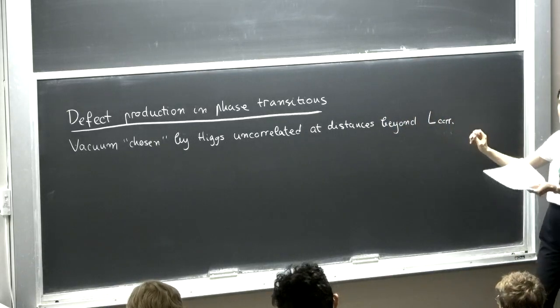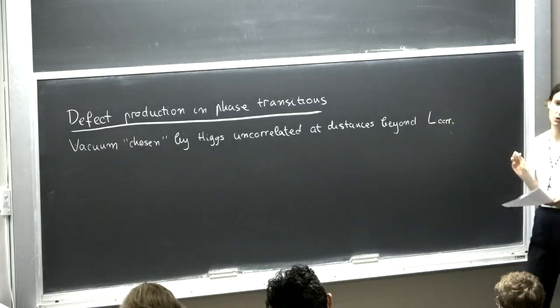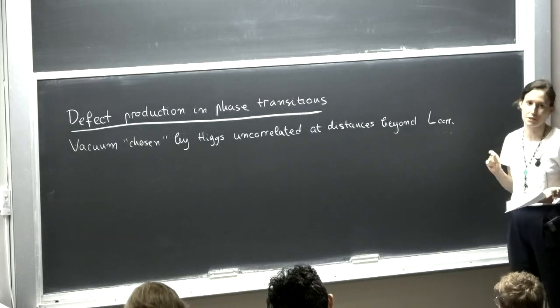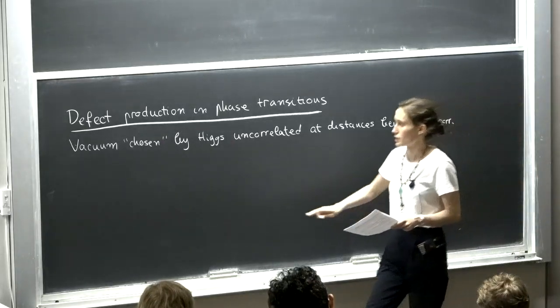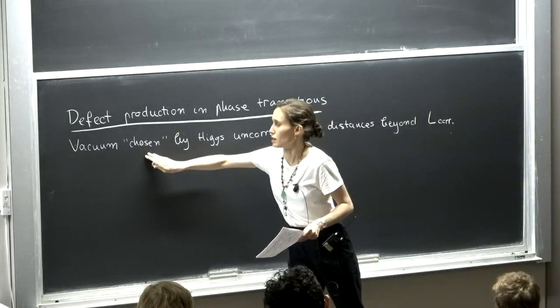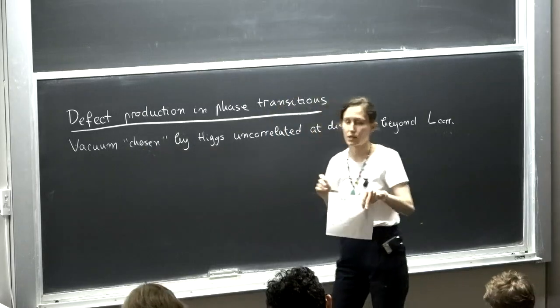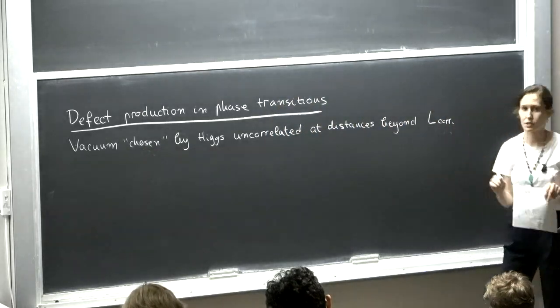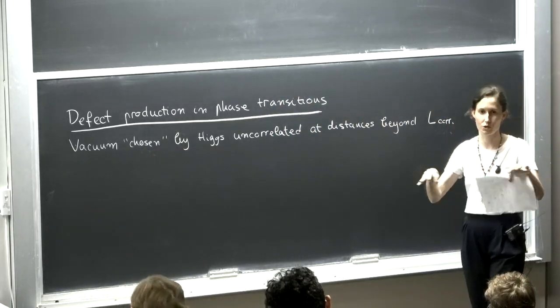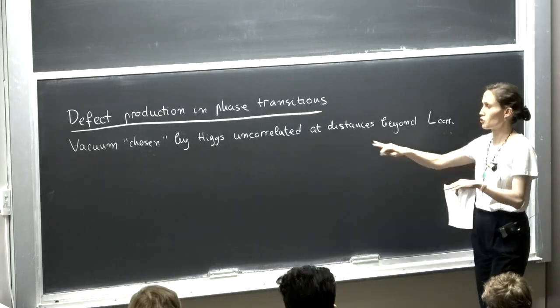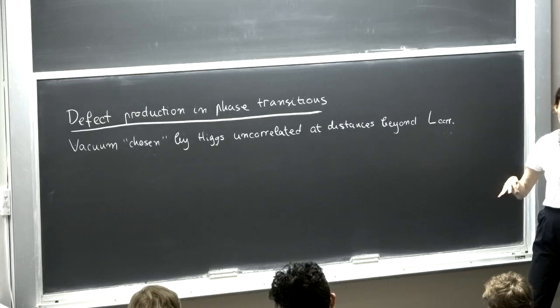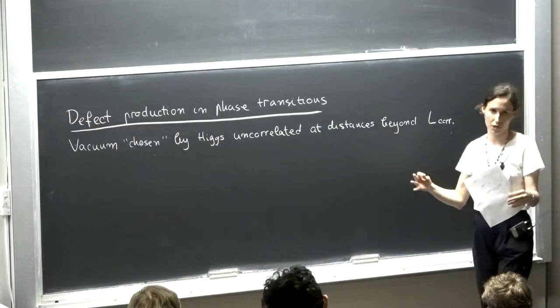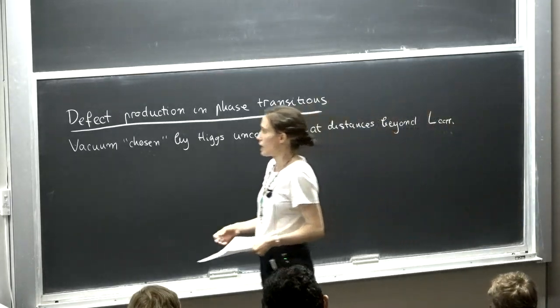That can differ depending on whether the transition is first order or second order, but there will typically be a finite length over which the value of the field is correlated, okay? So in a theory where there are various vacua that are degenerate, whether the Higgs chooses to be in one or the other will be a choice that is made independently in different regions of space that belong to different correlation volumes, okay?